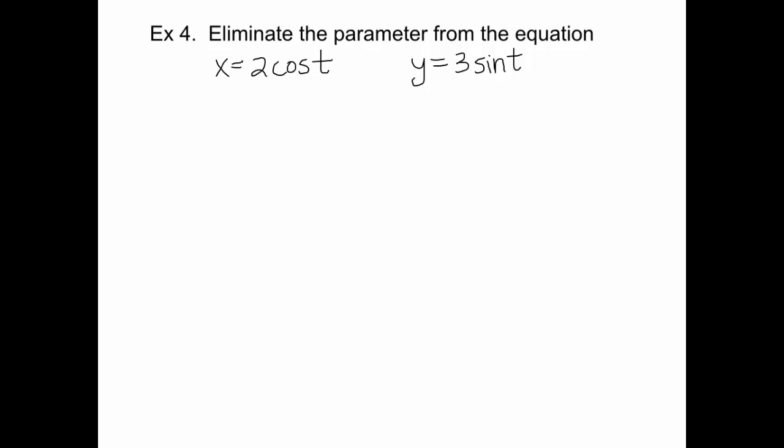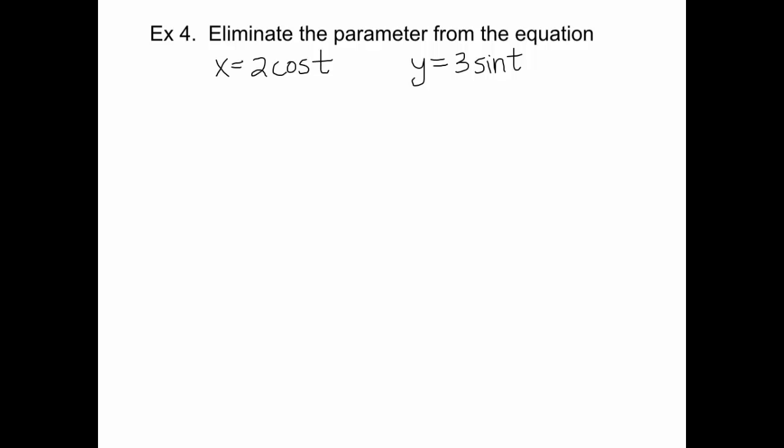Let me give you an idea of what you should be thinking. On the other problem, we really could have kind of guessed that we're going to have a parabola. Could we guess what type of equation this is going to turn into? We have a cosine and a sine, and notice the coefficients are different.